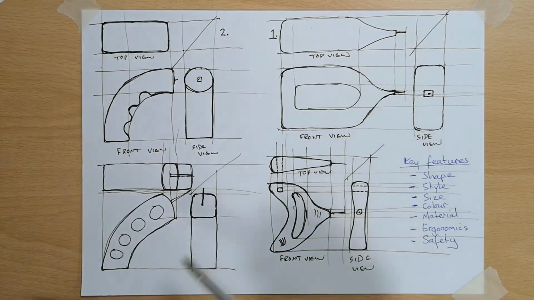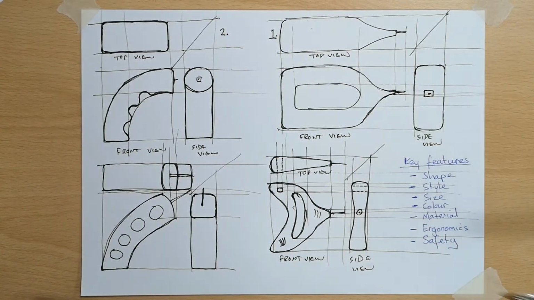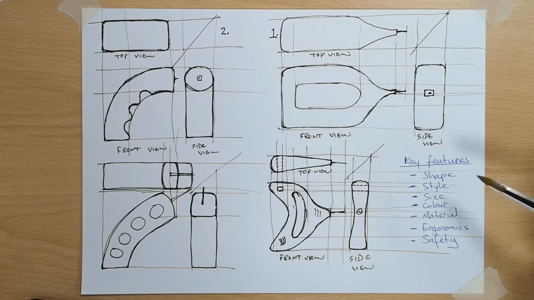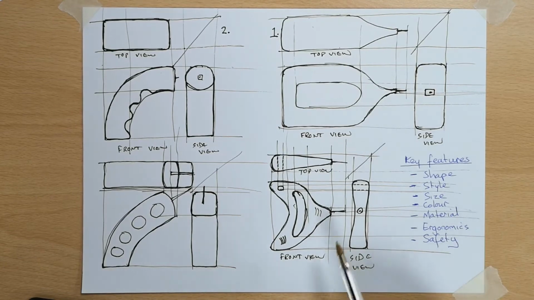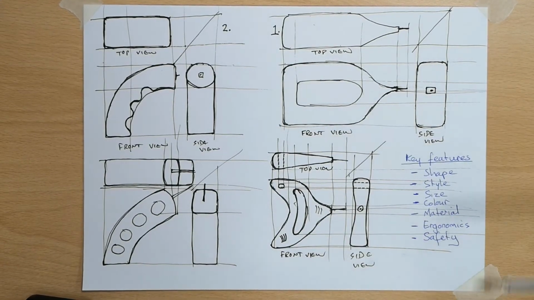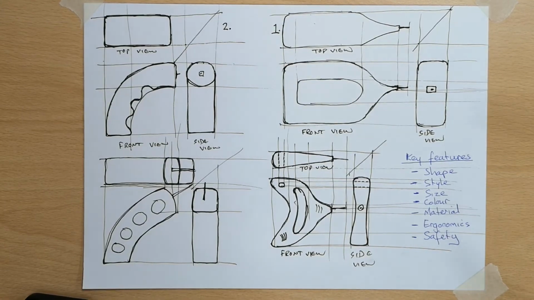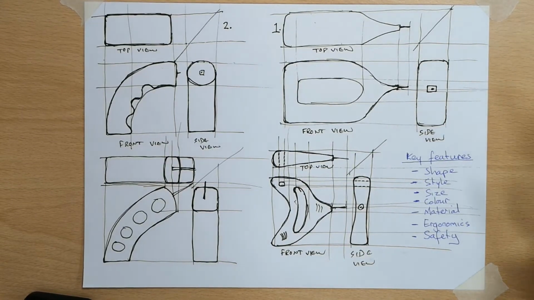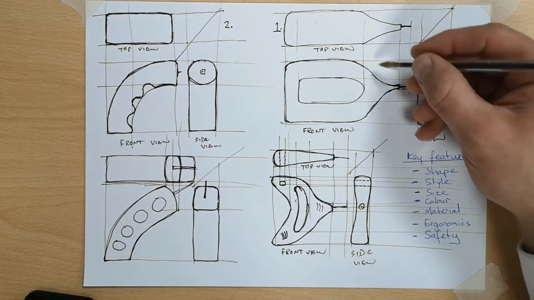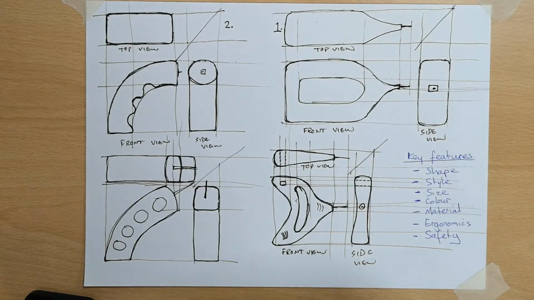After you've completed all 4 designs, you're going to have to label or annotate all of the key features for each design, not just for one design. So the key features would be things like the shape. Yes, we can see the shape, but you explain why the shape is like this in a few words.